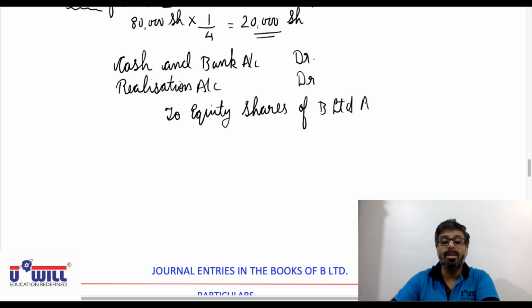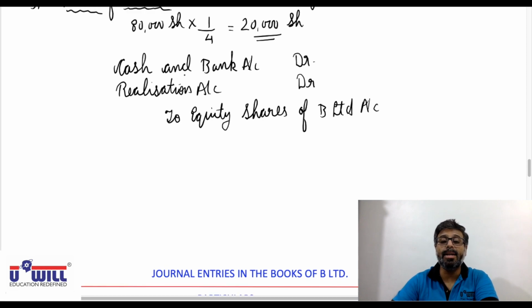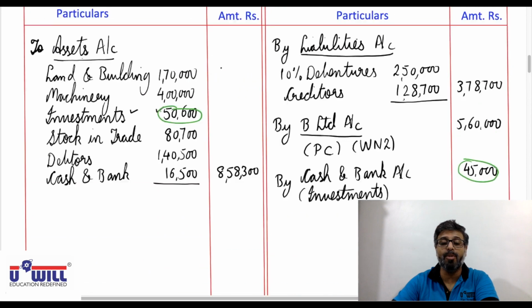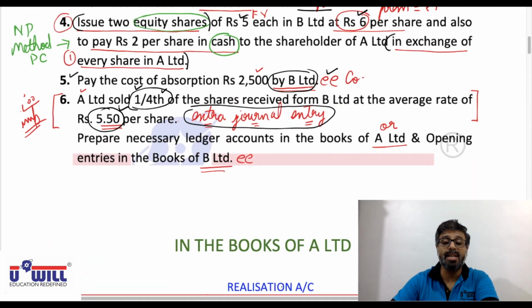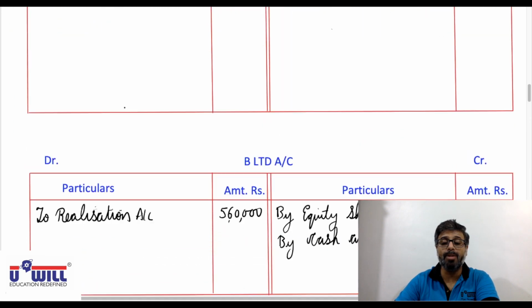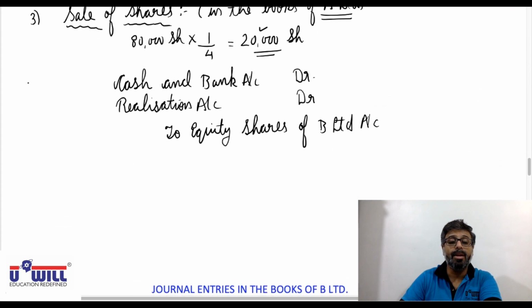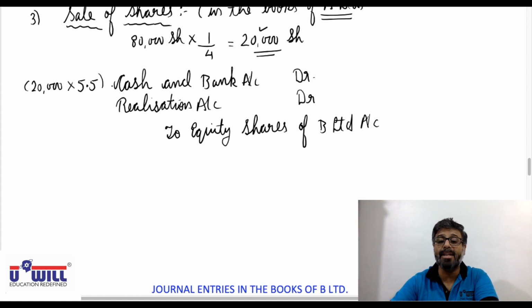Now the amounts. How much cash comes in? 20,000 shares sold for 5.5 rupees: 20,000 into 5.5 is 1,10,000 of cash coming in.